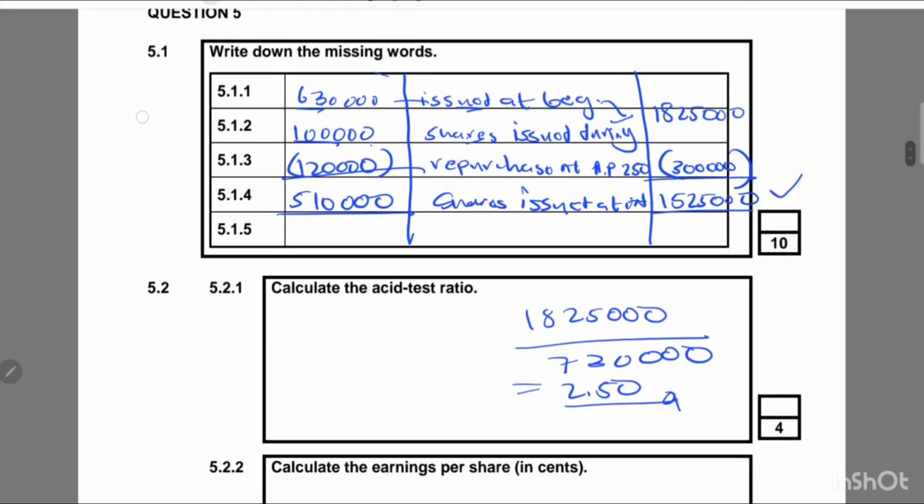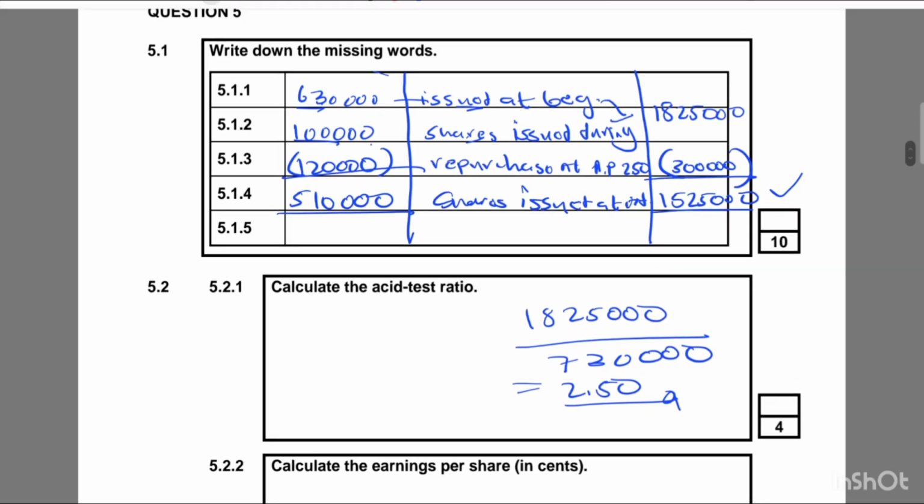But remember, guys, once you repurchase shares, and the shares were repurchased above the average price, we bought these shares at 3 rand per share, but 250 comes from ordinary share capital. Then the difference must come from the retained income.